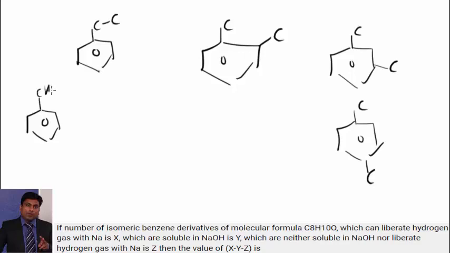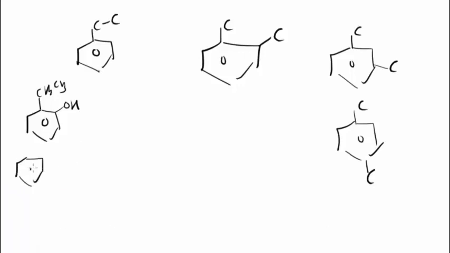So it will be CH2CH3, that is C2H5, and OH here. Another possibility, C2H5 and OH here. Another possibility, C2H5 and OH here. So these are the possibilities for phenols from this structure.